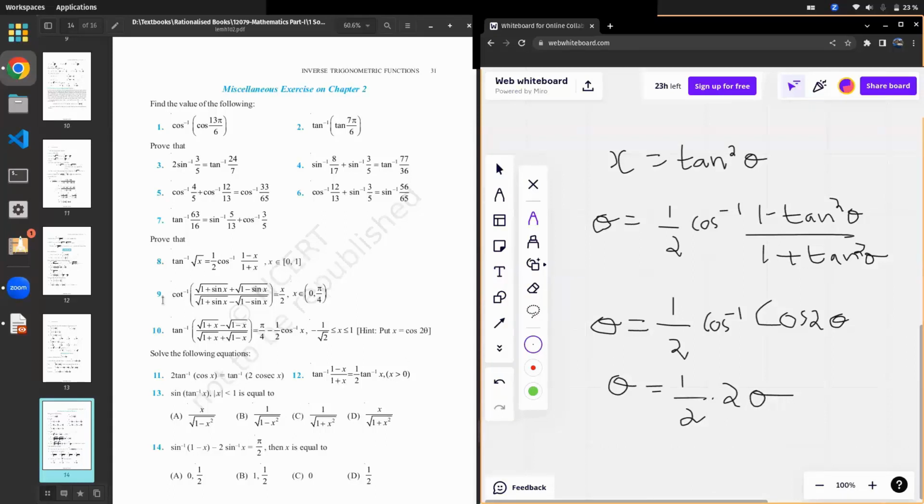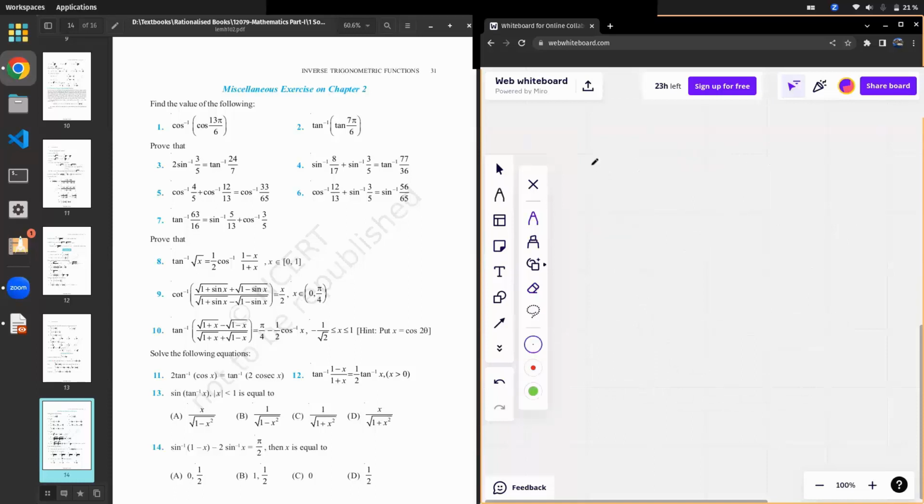The next problem, we have to show that cot inverse of (root of 1 plus sin x plus root of 1 minus sin x) divided by the corresponding difference of roots. So we have to find a way of removing these square root terms. I think it will be better if we multiply both the denominator and numerator with the numerator, since it will be easy to simplify.